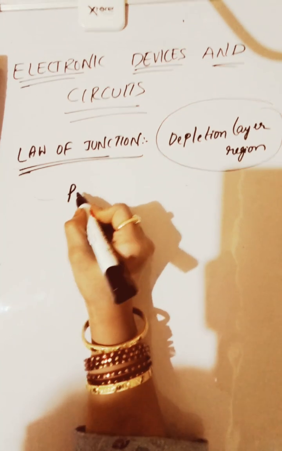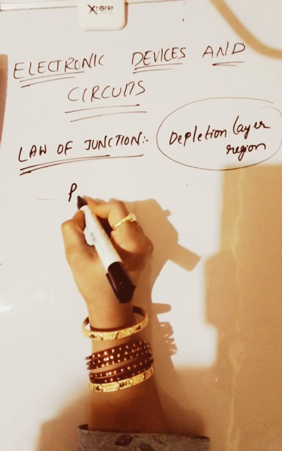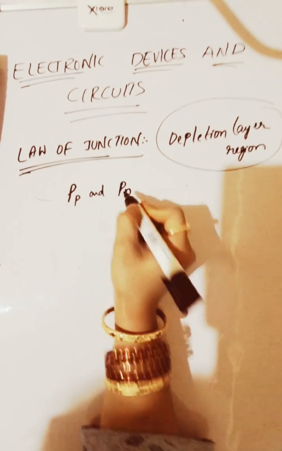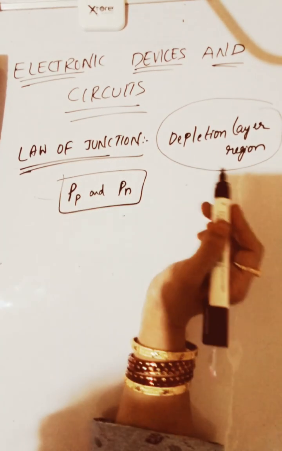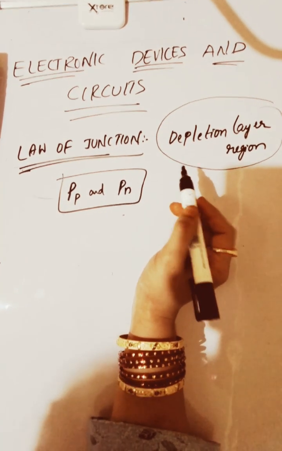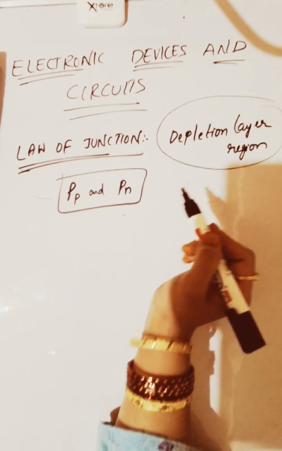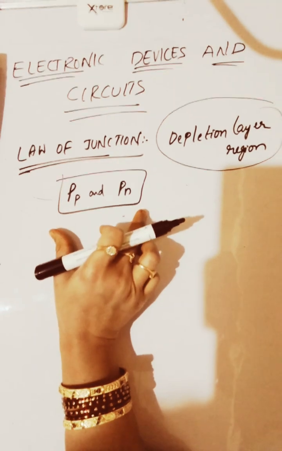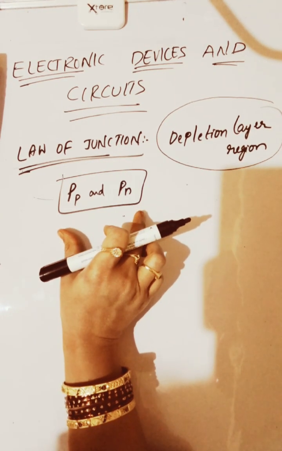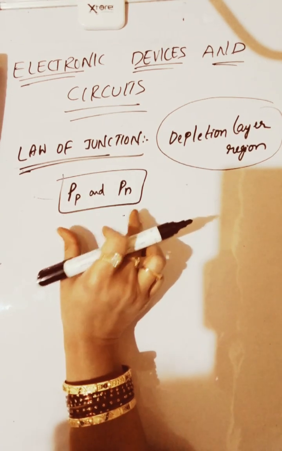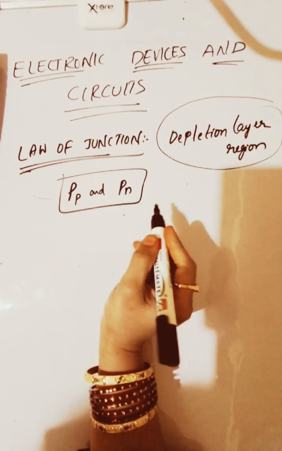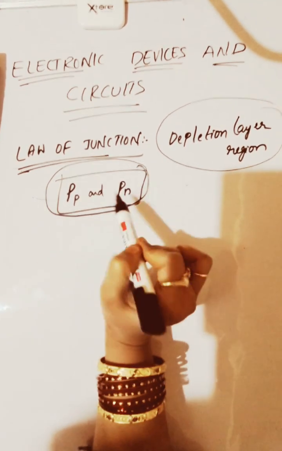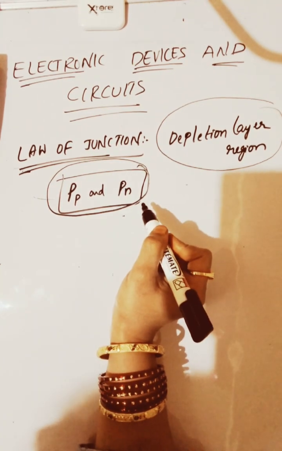Here we are going to use P and N type materials. So PP and PN are the concentrations of holes at the edges of the depletion region, in the P and N type materials.